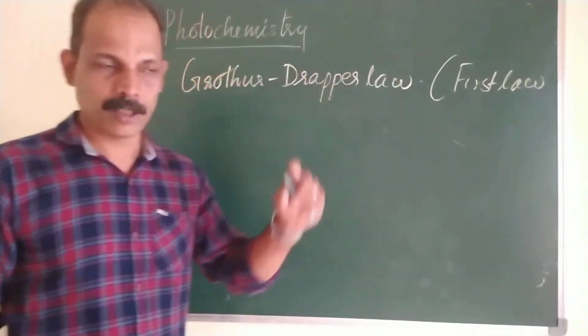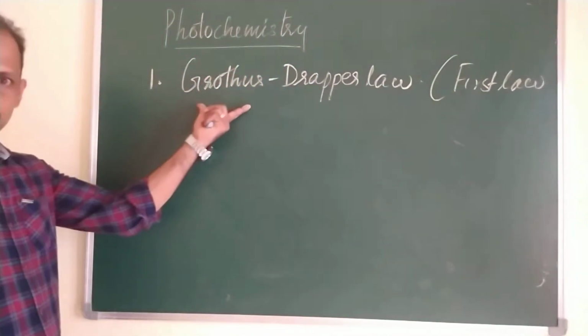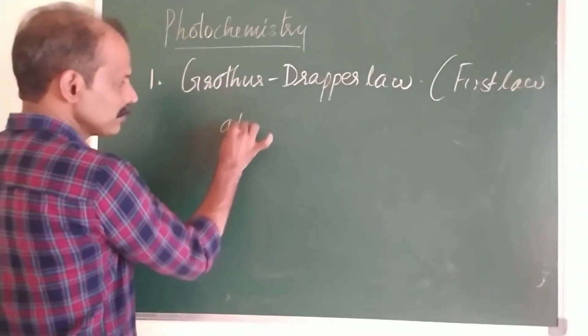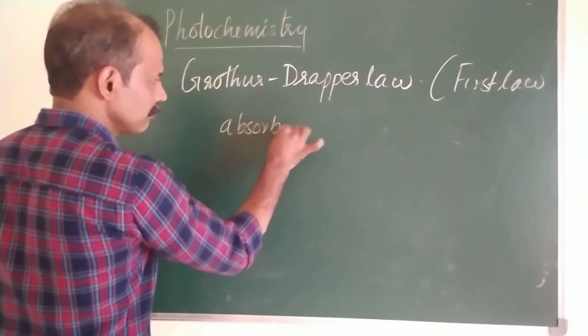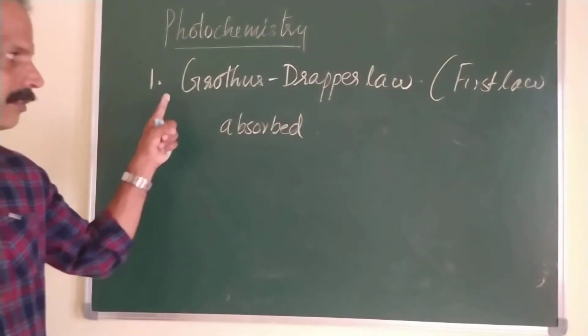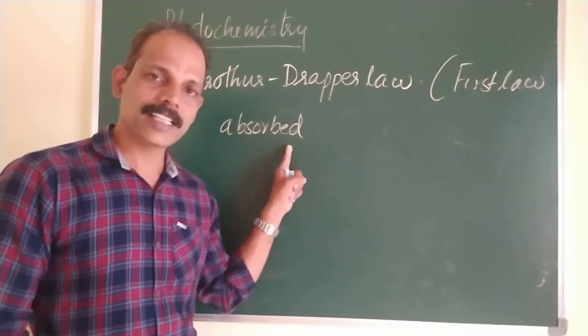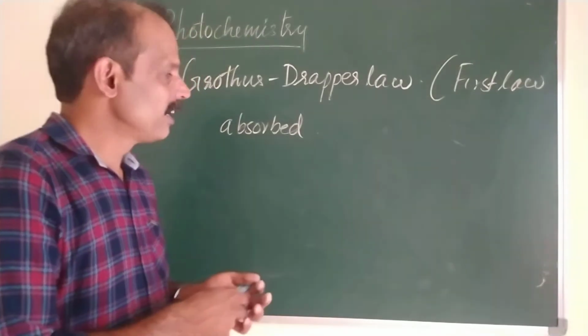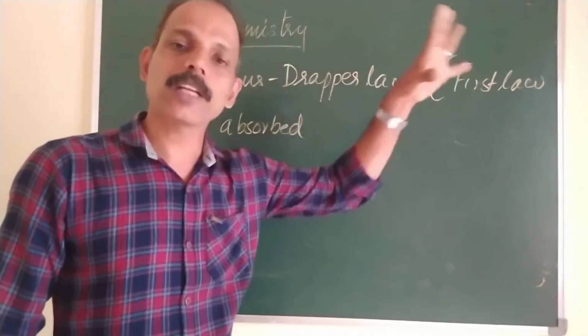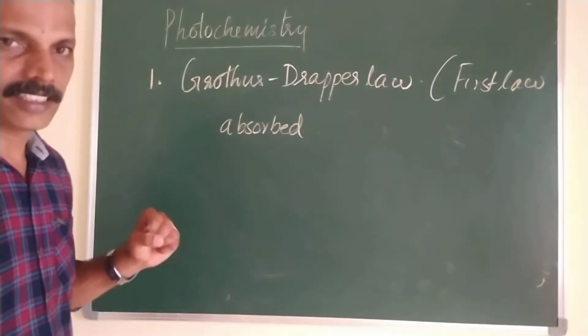First law of photochemistry. According to this law, only radiations which are absorbed by the system are efficient to bring about chemical changes.